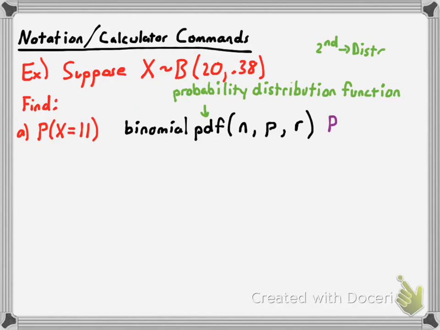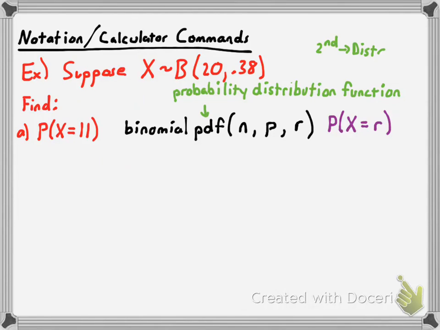That is equivalent to finding the probability that a random variable x is equal to a certain number of outcomes r. In this case, it would be the probability that x equals 11. We would put an 11 where the r is.